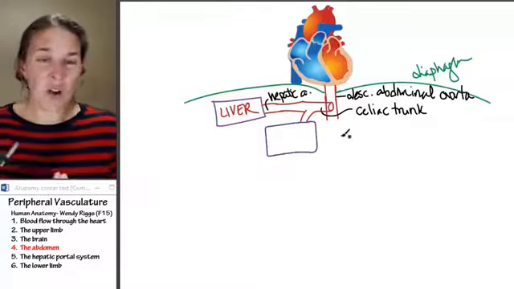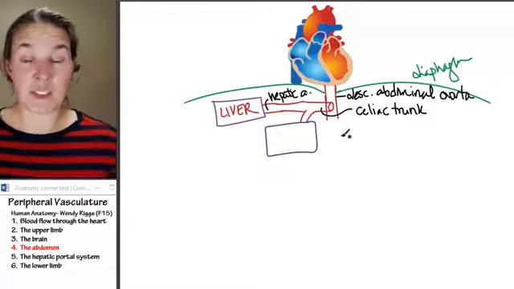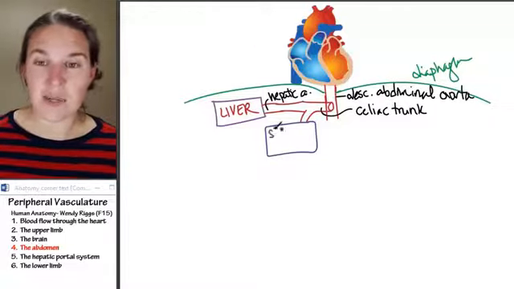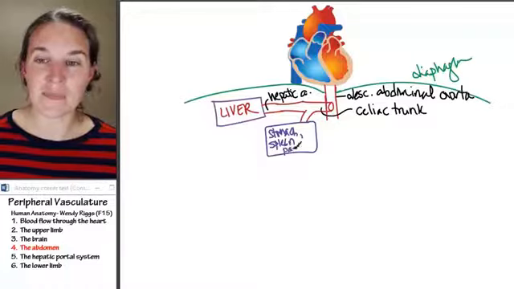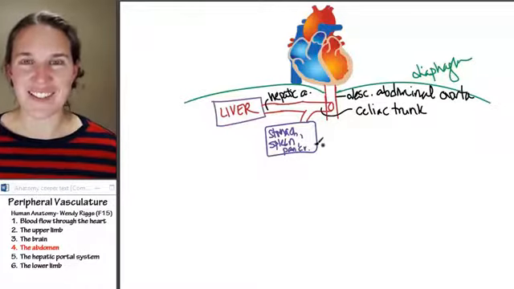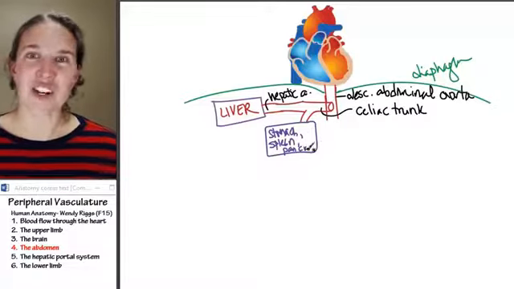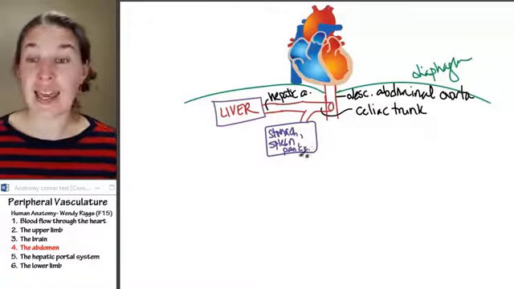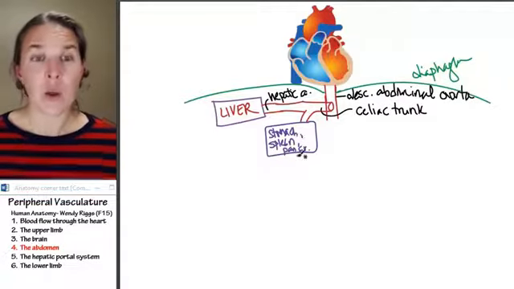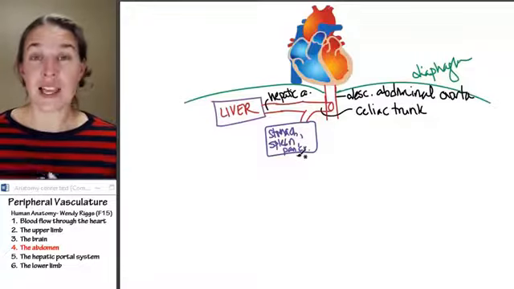But we're just going to go, awesome, there's a bunch of named vessels that feed the following structures: the stomach, the spleen, and the pancreas. Okay, we're feeding gut structures, bringing gut structures fresh, delicious blood, and ending up with a capillary bed in there so that we can do the gas exchange.